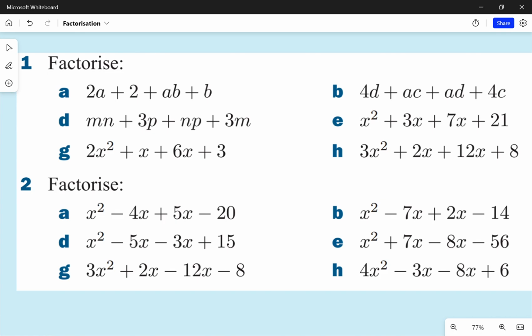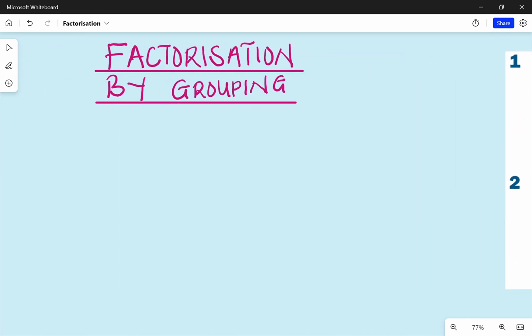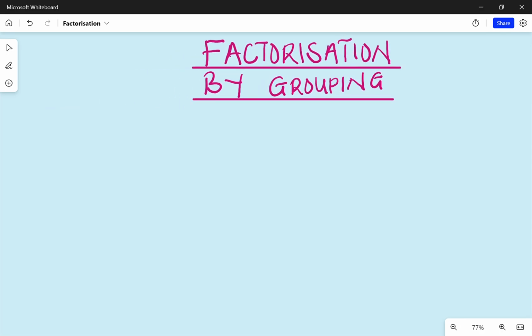So let's factorize question 1a, and then we'll also factorize 1h. Let's go for a. A is saying factorize 2a plus 2 plus ab plus b.